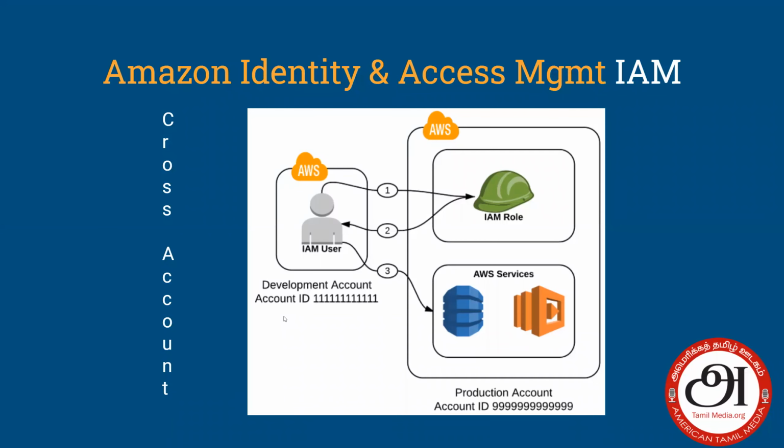User is the leaf level, and the user can belong to multiple groups, and a user can have multiple roles. Whatever privileges are granted to those IAM roles are inherited by the user.